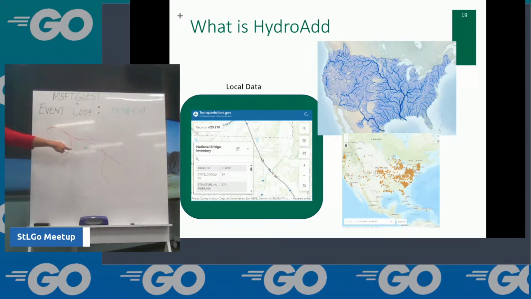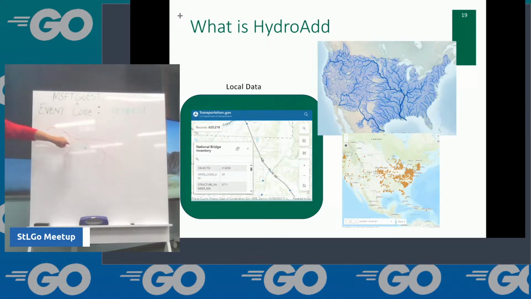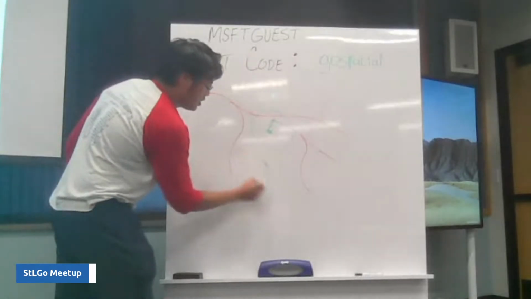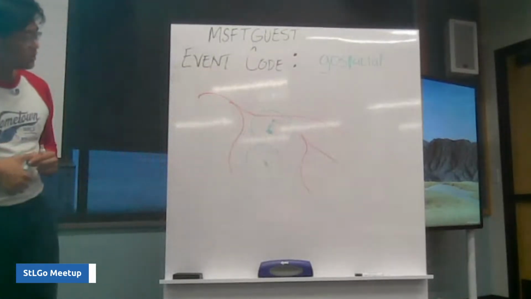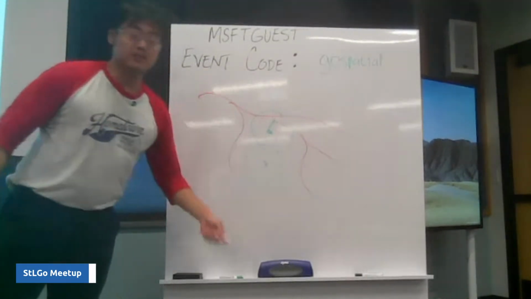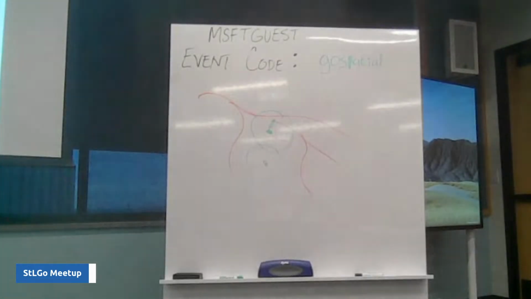This is a polygon. Then we find all the lines that intersect within this circle, find the closest points, and then snap to it. And of course, if a point's all the way out here and doesn't intersect with any lines, then it is not a bridge that goes over a river or some waterway.